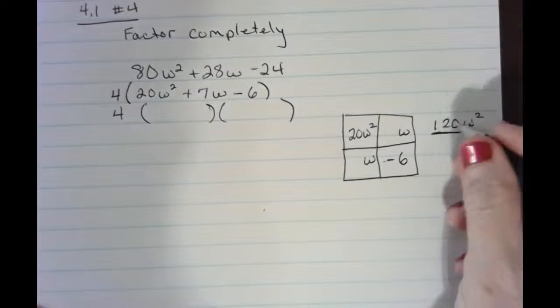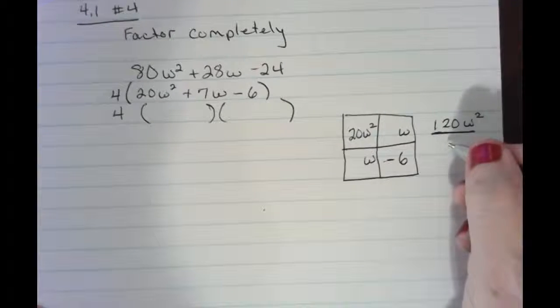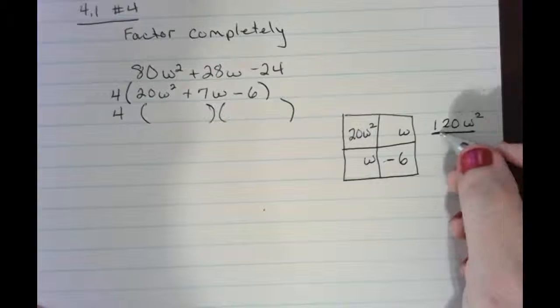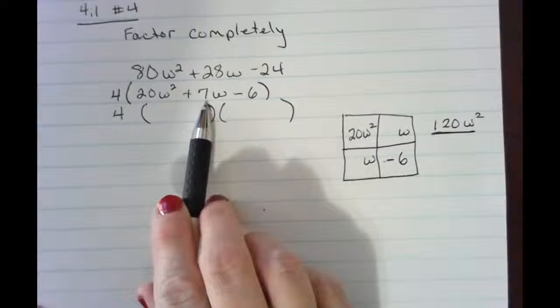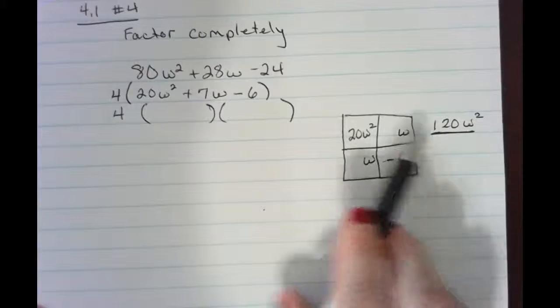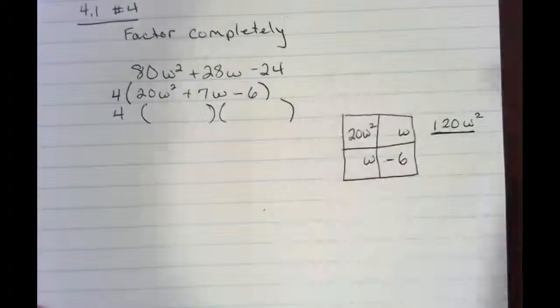So what are some different factor pairs here that not only will I multiply and get 120, but I can add or subtract and get 7? So that's what we're looking for. What will multiply and give me 120, but add or subtract to give me 7?